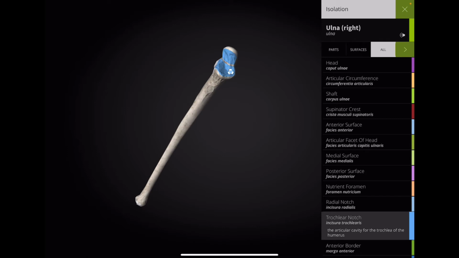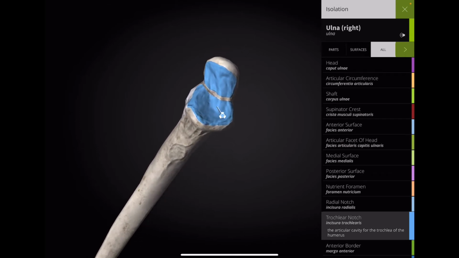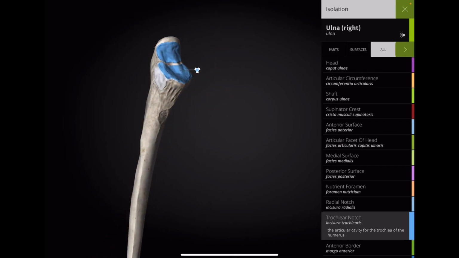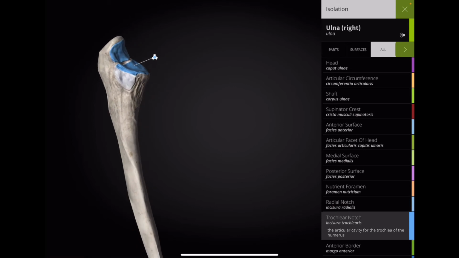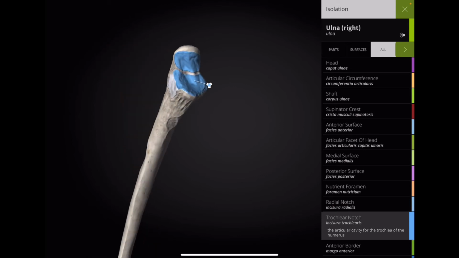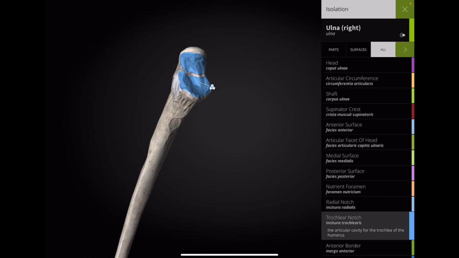now let's have a look at the trochlear notch. This is important because it's the articular cavity for the trochlea of the humerus. So it's the place where you normally find the humeroulnar joint. It occurs between the trochlea of the humerus and the trochlear notch of the ulna.